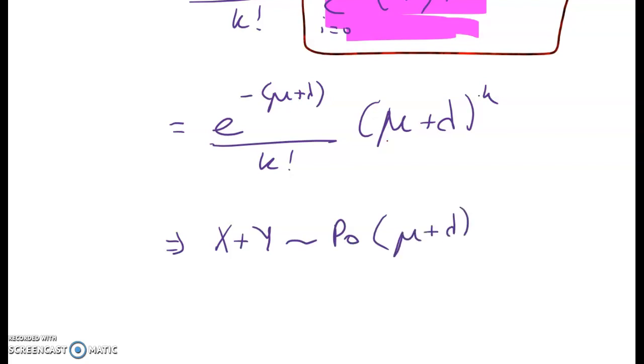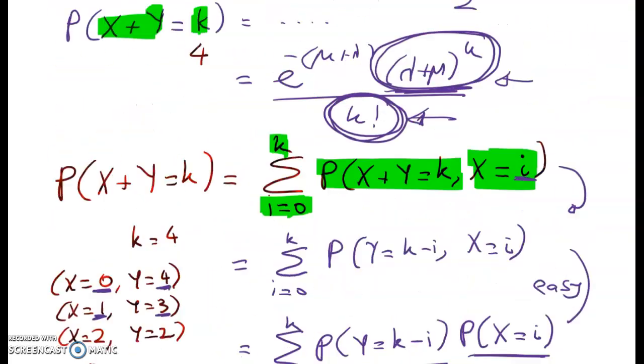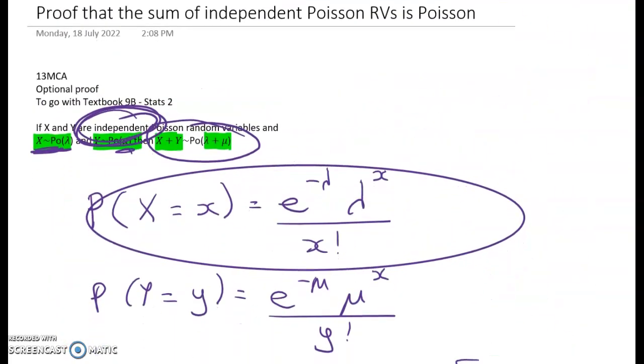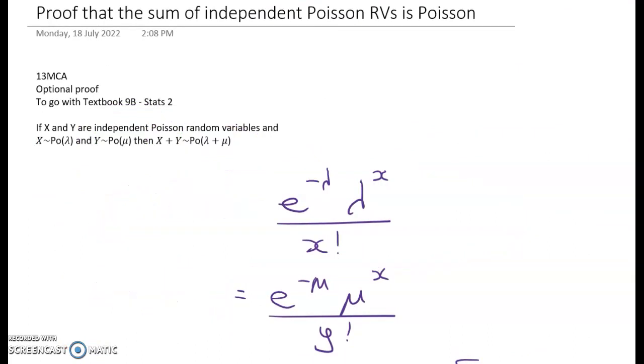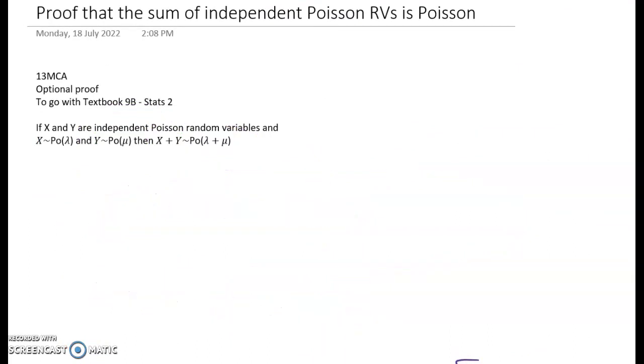So there you go, that's the proof of the result. What you need to do now is practice using it, doing some of the work in exercise 9b. So just one more time, if we've got two separate Poisson distributions that are independent random variables, then we can find the sum of them just by adding up their parameters.